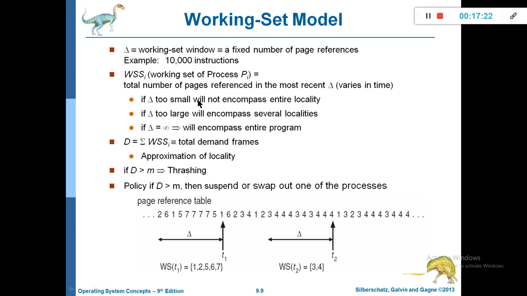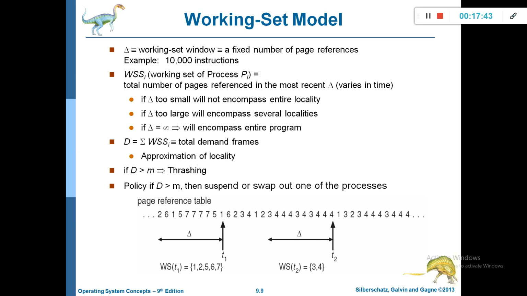If delta is too small, it will not encompass the entire locality. If delta is too large, it will encompass several localities, and if delta is equal to infinity, it will encompass the entire program.